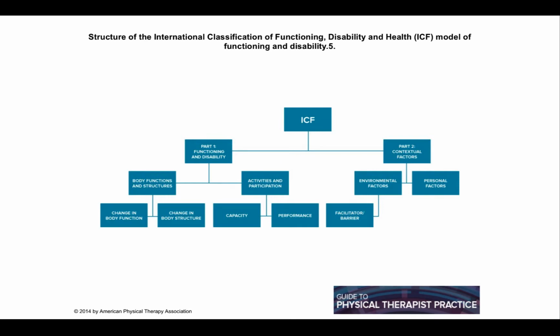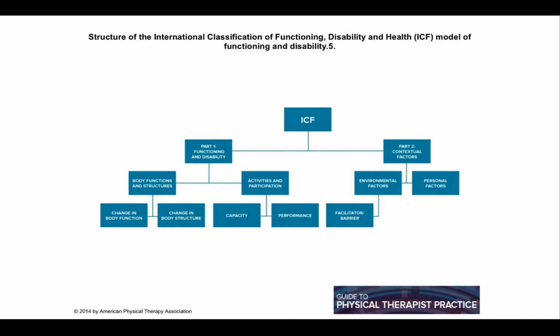So as you saw in the past, there were different ways to describe different aspects of health. Now we're supposed to use this one model so everybody's talking in the same terms. So if somebody's doing research in this country and in another country, the definitions are the same, and the practice will be the same to describe how people function in their daily lives.